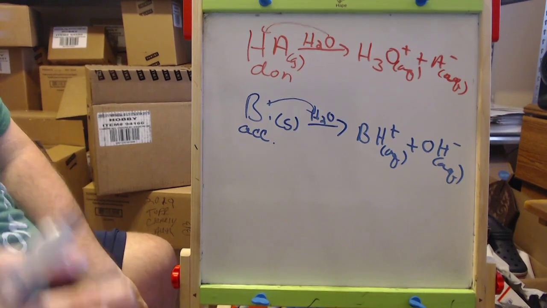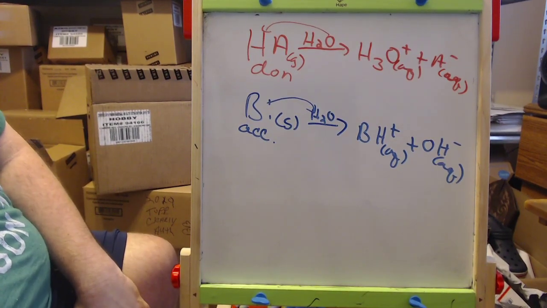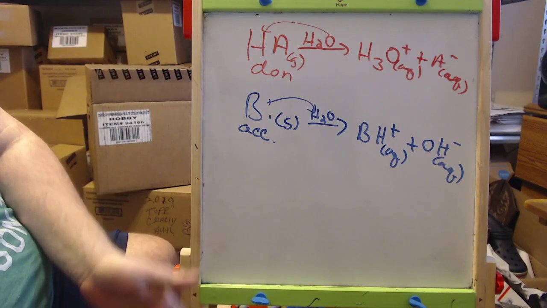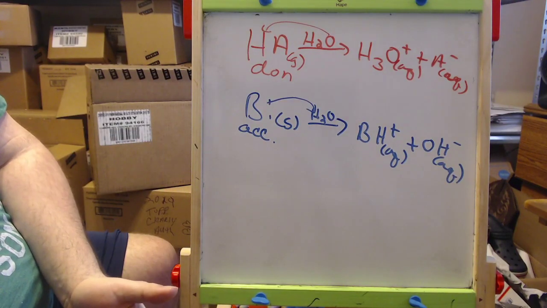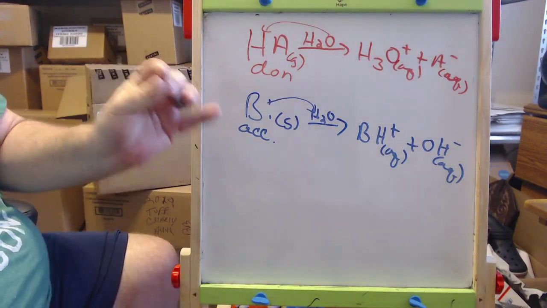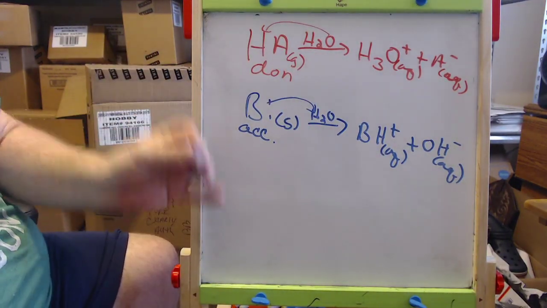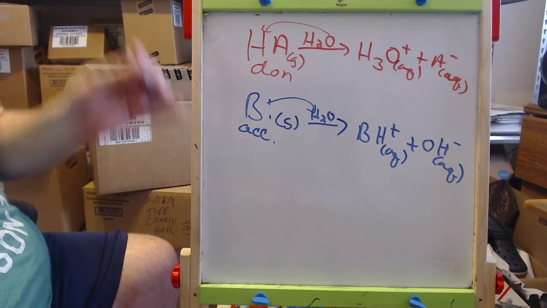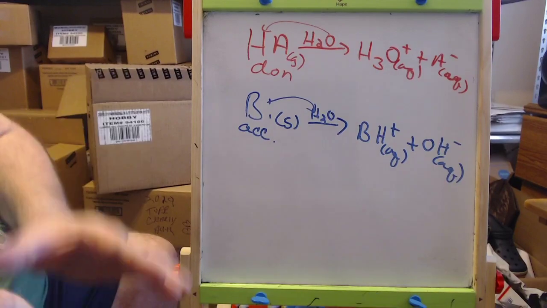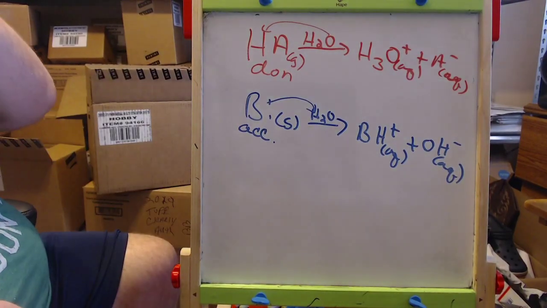I don't need just a hydroxide anymore. The classical definition said you needed to be a metal bonded to a hydroxide. Bronsted-Lowry says forget that. Do you have a lone pair? Do you have a negative charge? Can you accept a proton? That's all you need to be a proton acceptor.